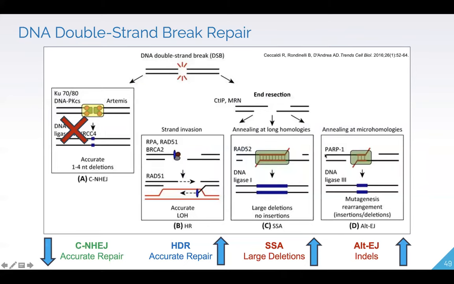This is just another version of the diagram that I showed you that outlines the 4 different repair pathways: the canonical pathway, the alternative pathway, the single-strand annealing pathway, and the homologous recombination pathway. So if you shut down the expression of any of these proteins, as I just showed you in our own example, you're boosting HDR because you're no longer dependent on this pathway.